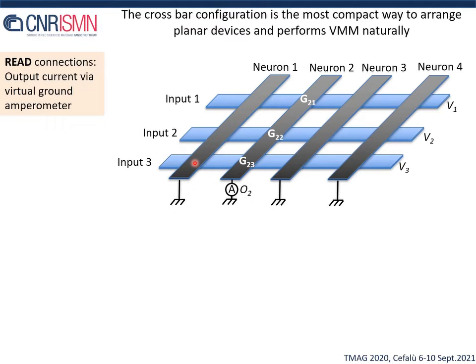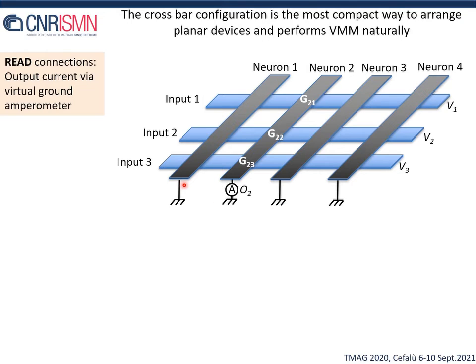In this example, each blue bottom electrode represents an input. The input can be provided as a voltage, for example, 1 volt to represent the 1 bit and minus 1 volt to represent the 0 bit. The neurons instead are represented by the gray top electrodes, and the output is represented by the current flowing through a neuron.